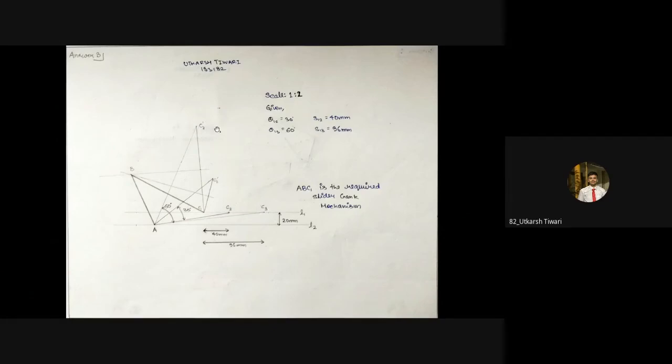Now we have to join C1 and C2 dash, and C1 and C3 dash, and draw their mid normals too and let them intersect at a point B. Then the required slider crank mechanism will be A, B1 and C1.